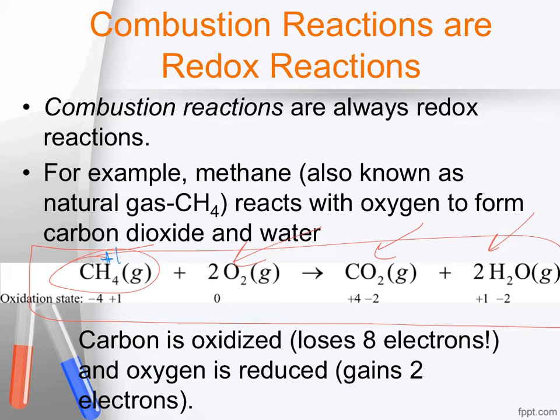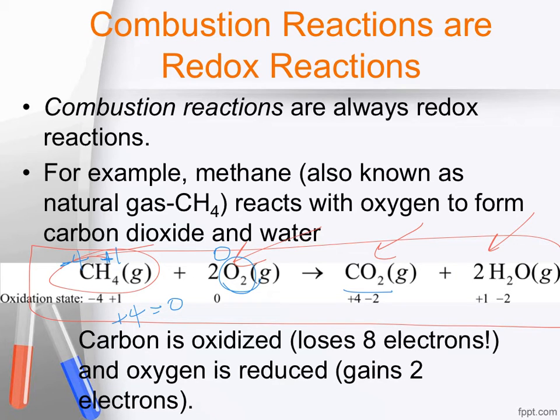And there are 4 hydrogens, so they contribute a +4. And because the oxidation numbers have to add up to be 0, that means carbon must be -4. Oxygen, that's an element in its natural state, and they always have an oxidation number of 0.